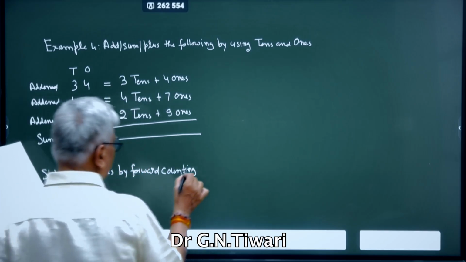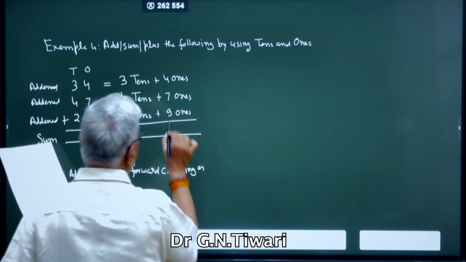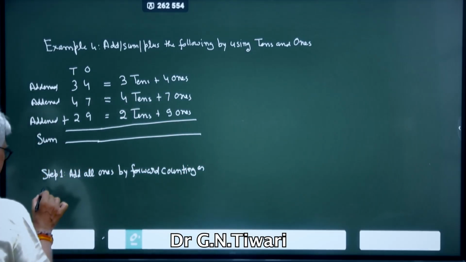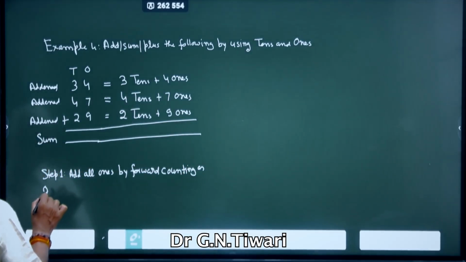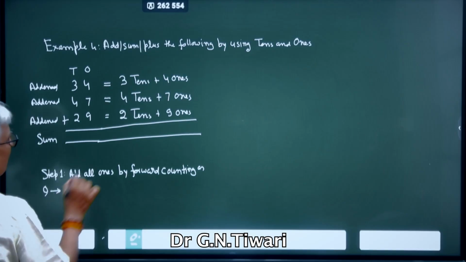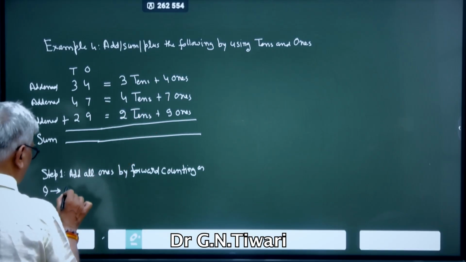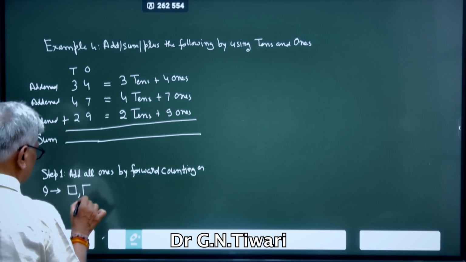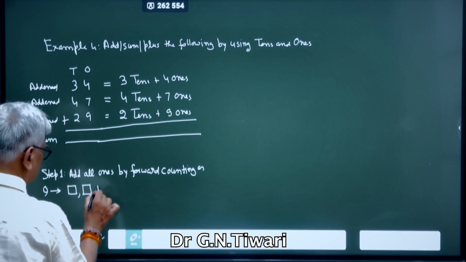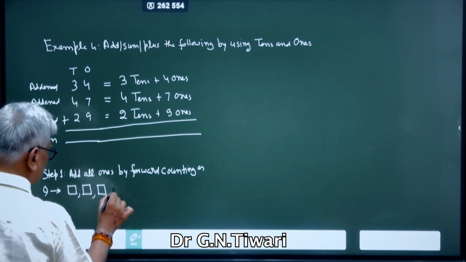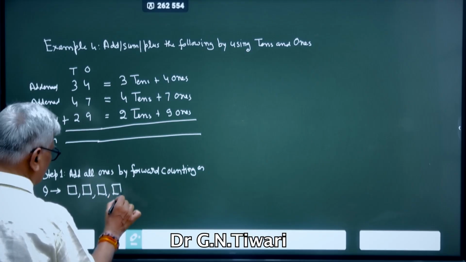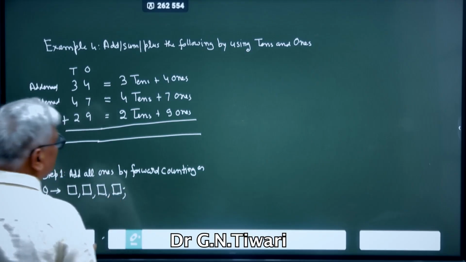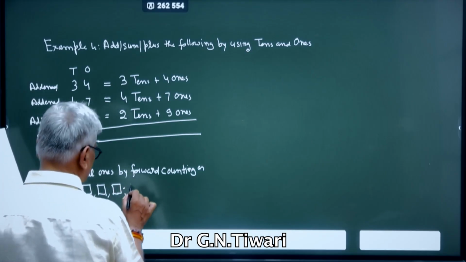As I have done earlier, 9 is the largest, so write 9. Then 4 block, then 7.